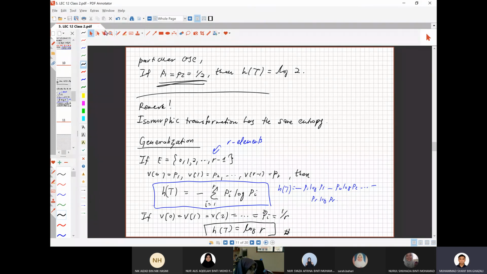So we cover from what I have started, from isomorphism until next week's class. Is that okay? Maybe this is a practice on how to find entropy and all those things.